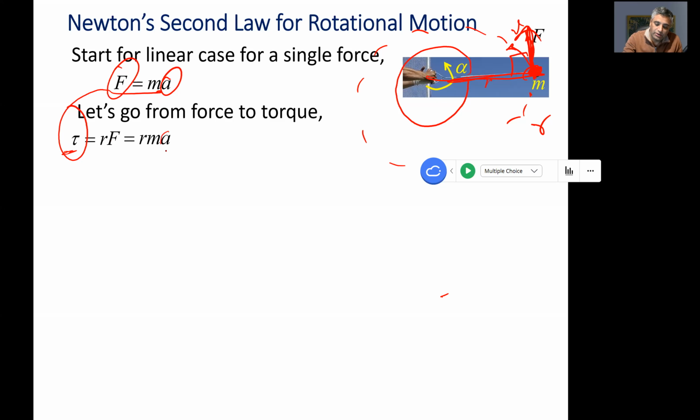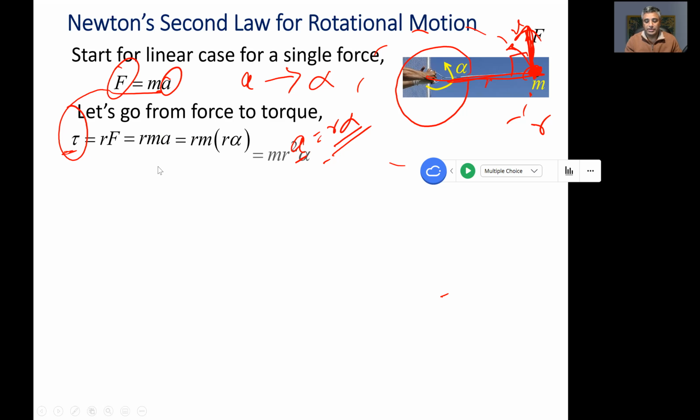That means we want to go from a to alpha. How are they related? We learned that a is r times alpha, so alpha is a over r. I just want to get rid of this a, so I replace a by r times alpha. That's what I'm doing here. And since there is one r here and another r here, it becomes r squared.